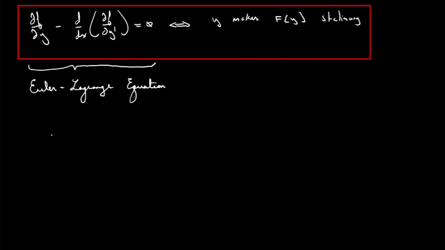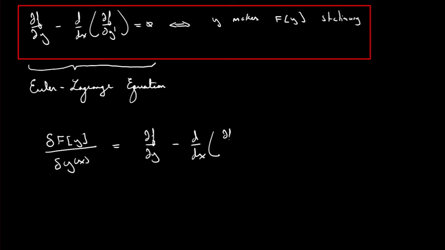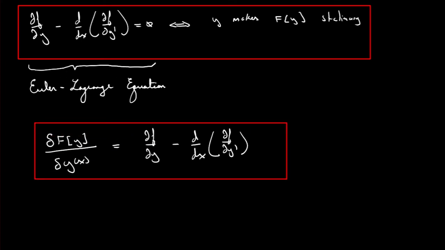So we write that the functional derivative, dF of y with respect to y of x, we call that the partial derivative of f with respect to y minus the total derivative of df with respect to y prime. So essentially, the Euler-Lagrange equation is just the statement that this functional derivative vanishes. And now, this is the payoff.